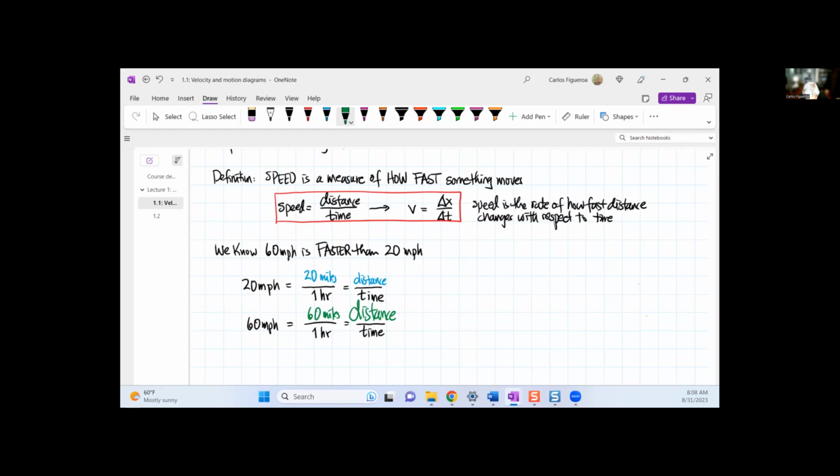So the reason why 60 miles an hour is faster is because it covers more distance with respect to time. So mathematically, we would clearly say that 20 miles an hour is a slower speed.